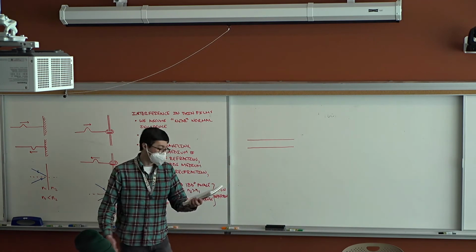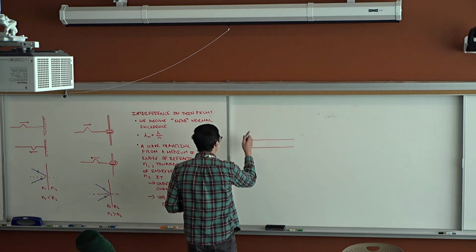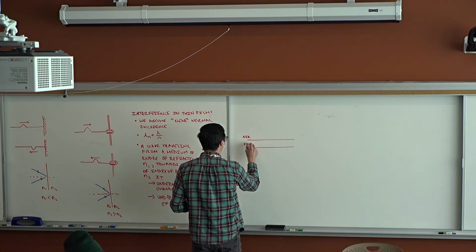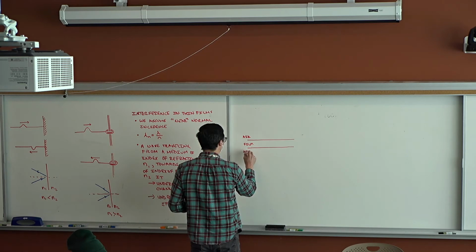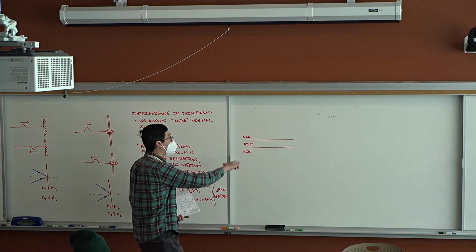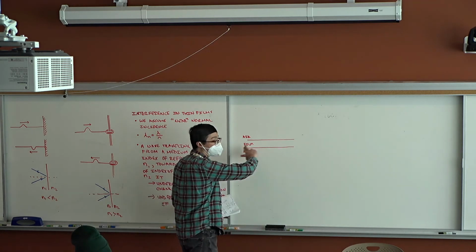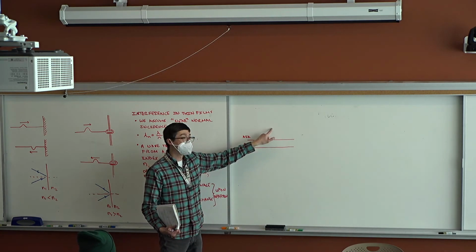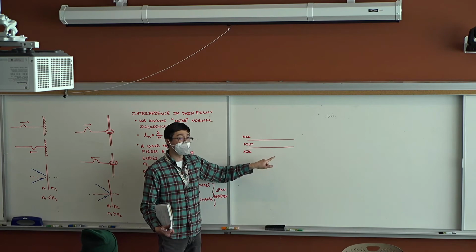This is why. So we are going to have air, some film, and some air. So this could be the soap water mixture that the bubble's made out of. Outside, there's air. Inside the bubble, there's air.